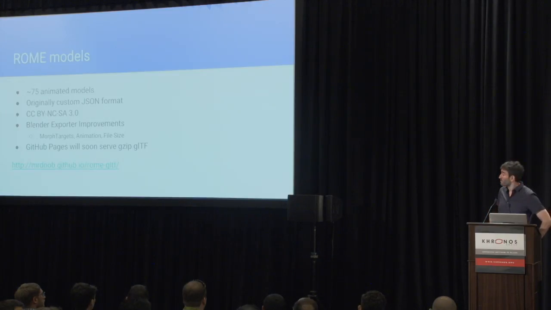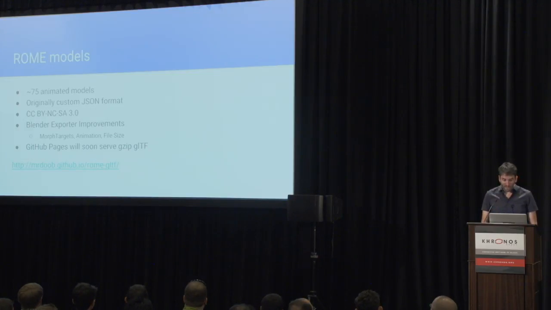In the process, we found there were a lot of issues on the Blender exporter and on dealing with morph targets and animation, also the file size. Originally the files were something like 10 megabytes when I was exporting, instead of 200 kilobytes. Now it's starting to get down to around 400 kilobytes for a glTF file. And in the process of doing all this, I also realized that GitHub Pages doesn't gzip glTF or glb formats.